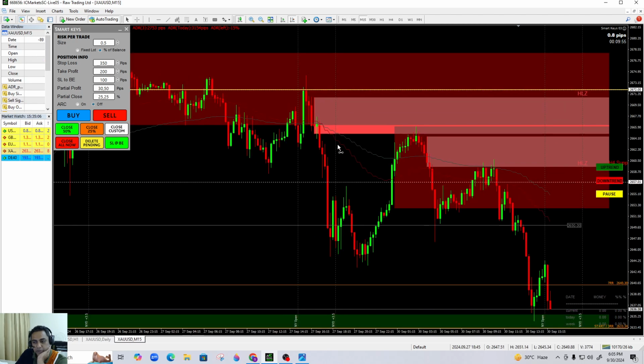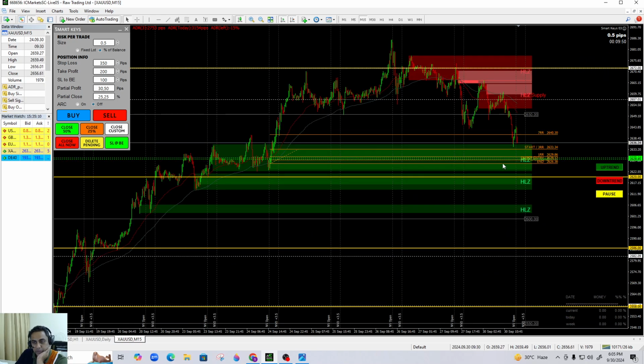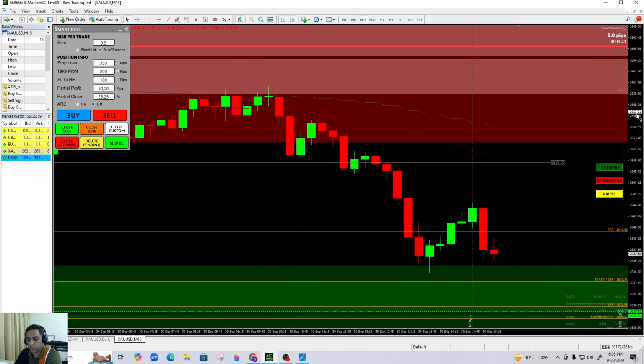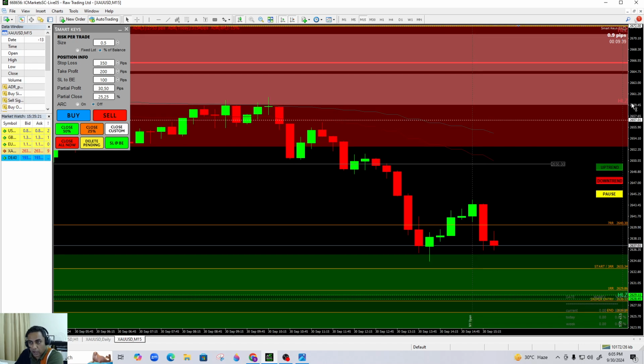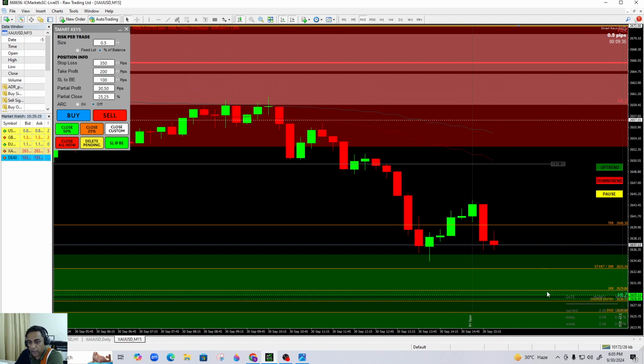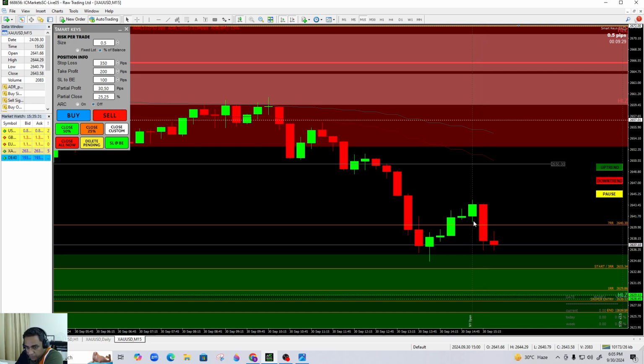Okay, now we wait. We are getting close. We're getting close to that area. I'm going to be watching the 15-minute time frame. That's my entry time frame, the 15-minute time frame. So ideally what I want to see is two lows to be taken out, right, before I start to look for a buying opportunity. So price has already taken out a low here.